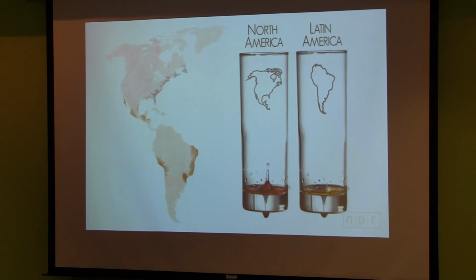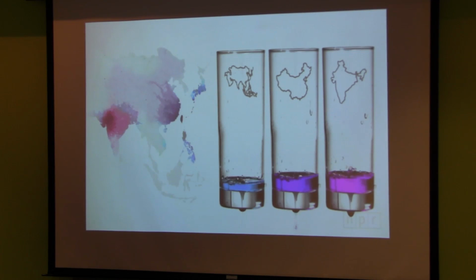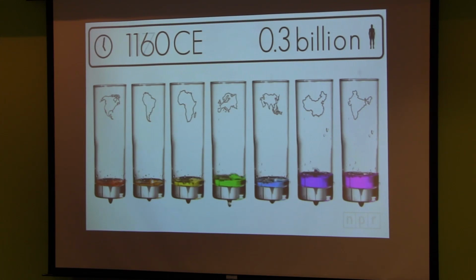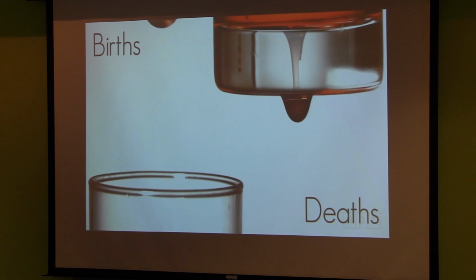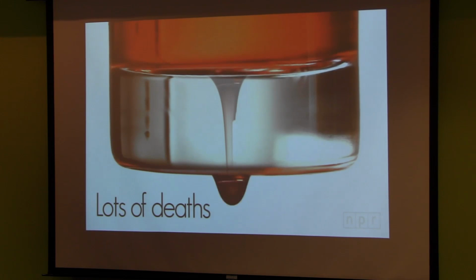The Americas are nearly empty. Europe and Africa have less than 100 million people between them. And just like today, most people live in China, India, and the rest of Asia. For centuries, things stayed pretty much the same. Births are canceled out by deaths. Women are having lots of babies, but most babies die before they grow up and have families of their own.